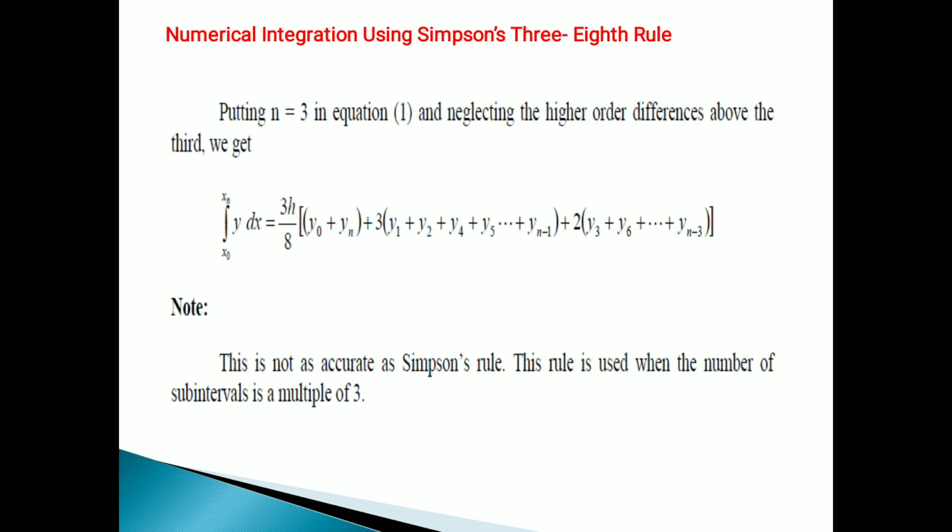Numerical integration using Simpson's 3/8 rule is obtained by putting n equal to 3 in Newton-Cotes quadrature formula, denoted by equation 1, and neglecting the higher order differences above the third.